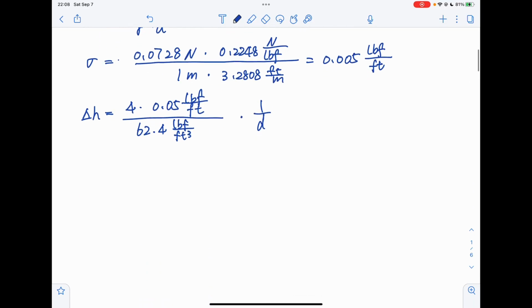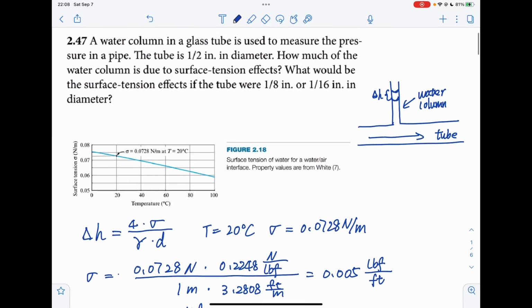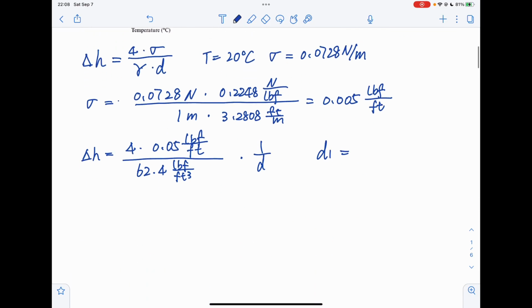The first one, D1, equals 0.5 inch, which is 1/24 feet.